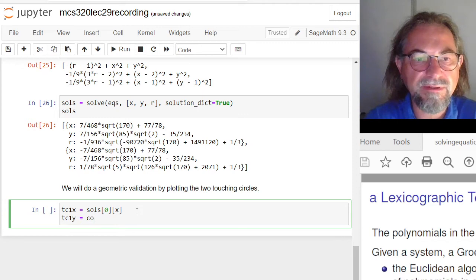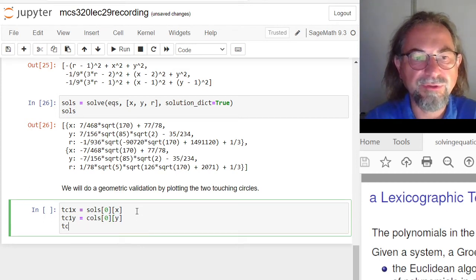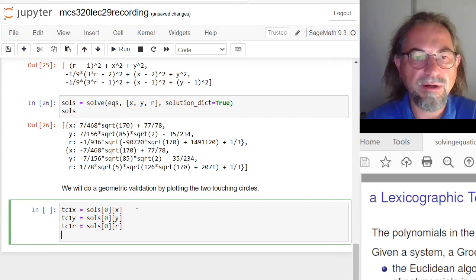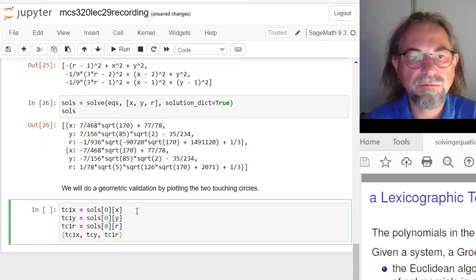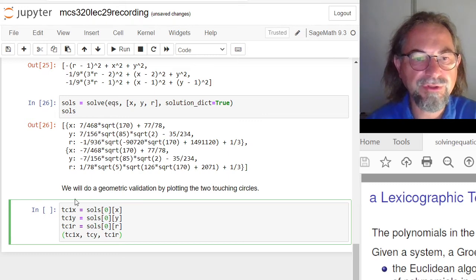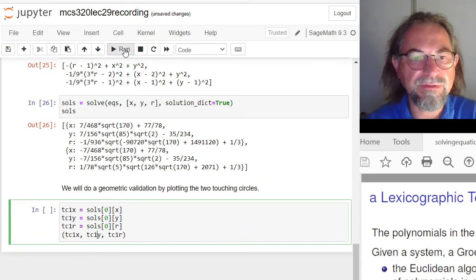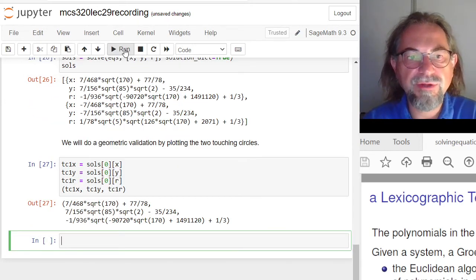The y-center is also from the first solution, and I select y from this, and the radius of the first touching circle is selected by R. So I have a tuple of three numbers: the x and y coordinates of the center, and the radius.